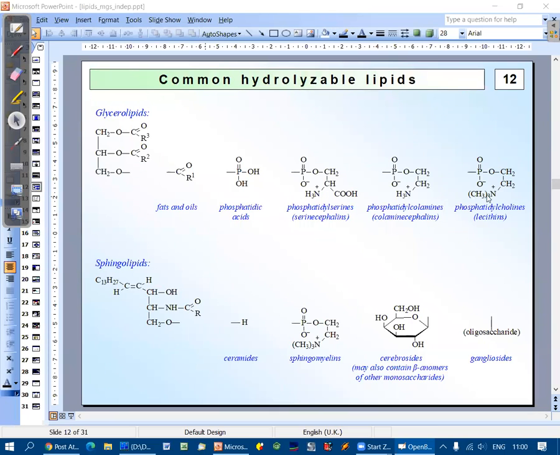Here it is. I suppose it's the best table that helps to understand and to memorize the structures of different possible types of glycerolipids. So the first and the second OH in glycerolipids are always esterified by the residue of fatty acids. If the last one is esterified by fatty acid, it's a fat or an oil.